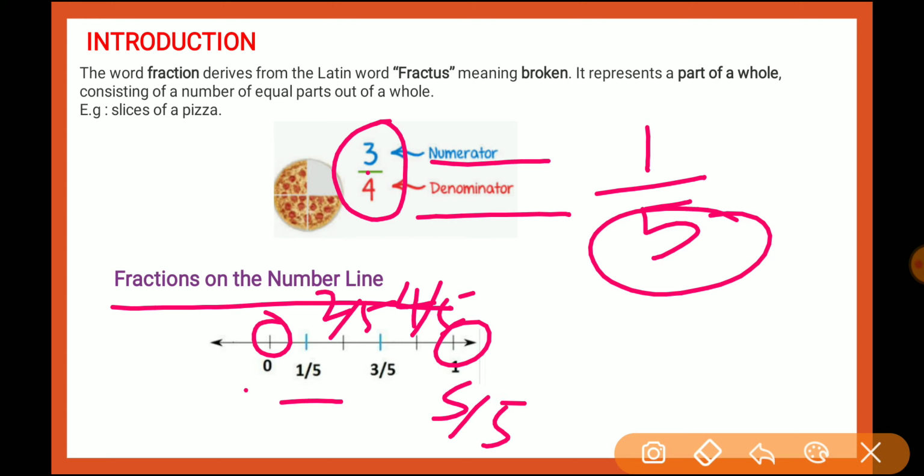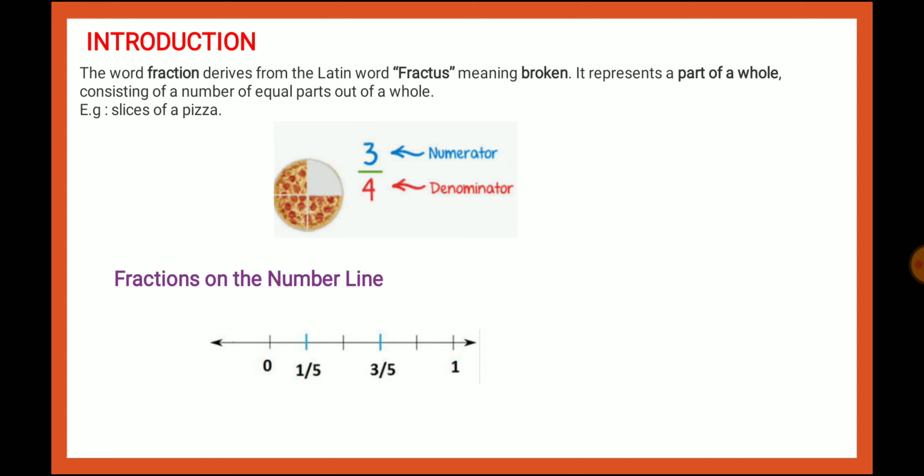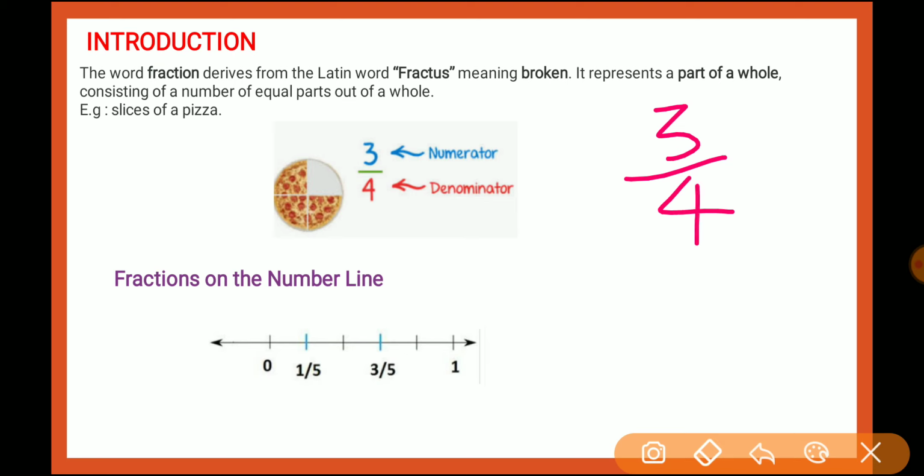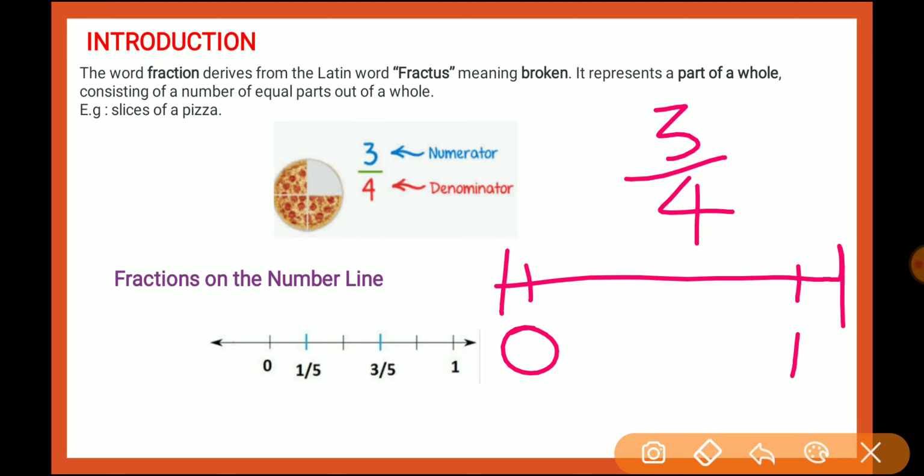Okay, so if I say to locate suppose 3 by 4, so again the denominator tells us to divide the numbers on number line, that 0 and 1 or 1 and 2. It means you have to divide it into how many parts? 4 parts.